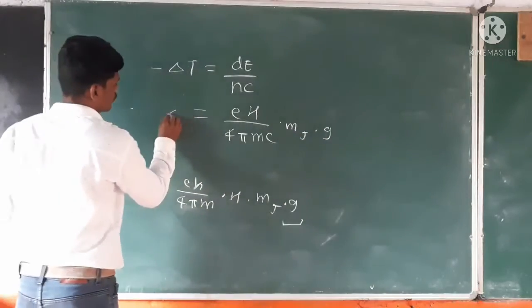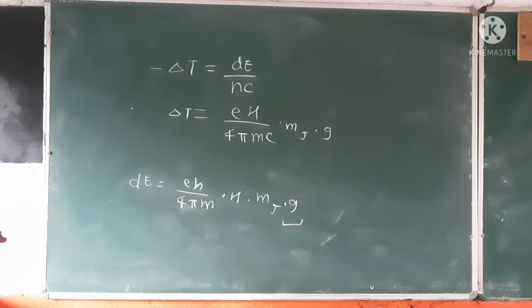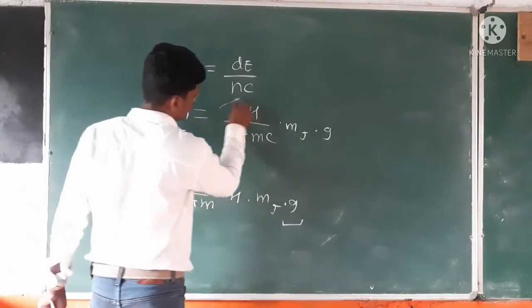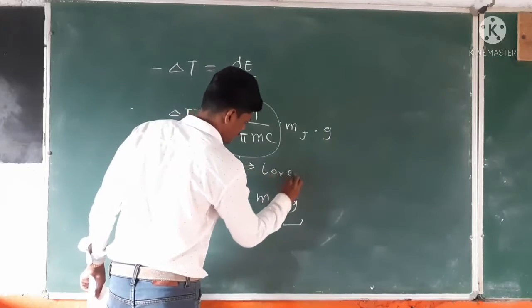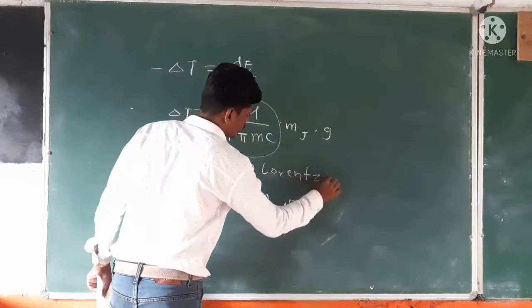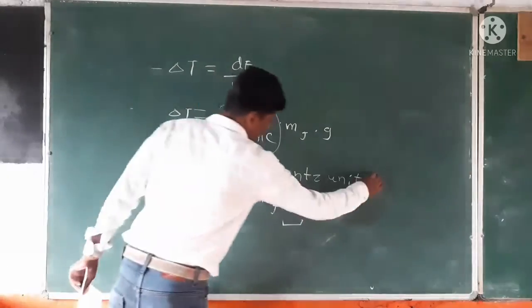Okay, so that will be delta T. Now here this eH by 4 pi mc is nothing but the Lorentz unit, capital L.